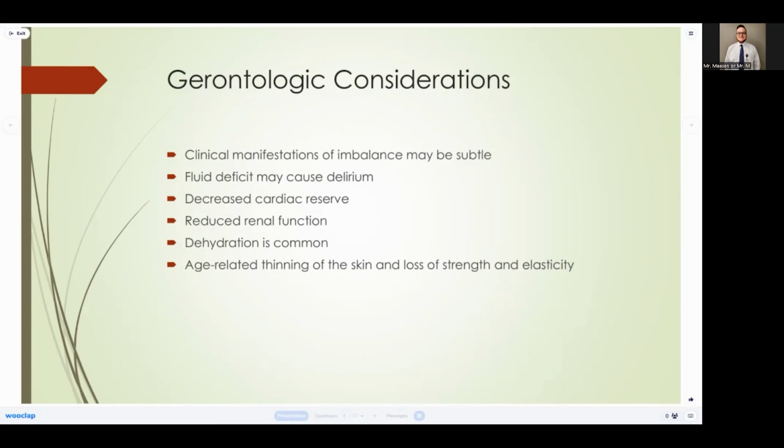A lot of things, infection especially, but also not having enough fluid, severe dehydration, can cause confusion, delirium. They don't have as much cardiac reserve, meaning their heart has a hard time functioning when it's stressed versus someone that's younger. They usually already have reduced renal function. So one of the most common instances of fluid balance issues for geriatrics is going to be dehydration.